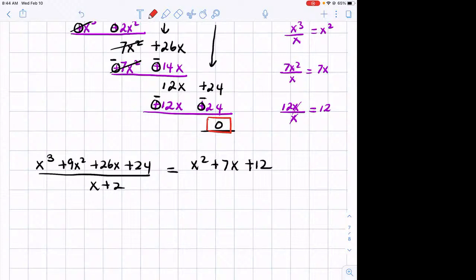So when your remainder is 0, it means x cubed plus 9x squared plus 26x plus 24 could be factored. It also means, right, so 0 remainder tells two things.